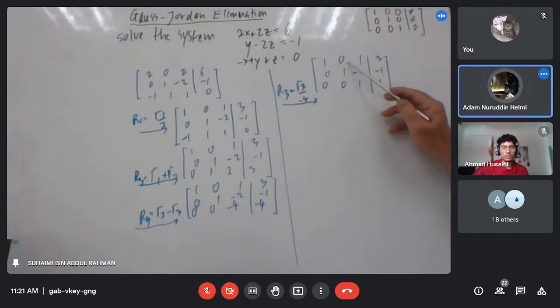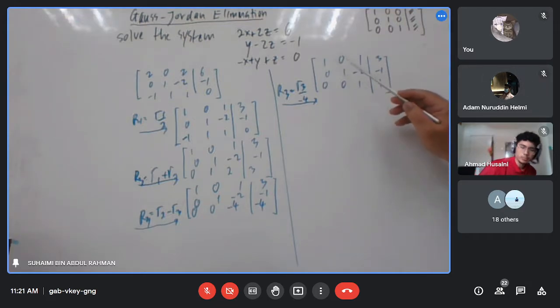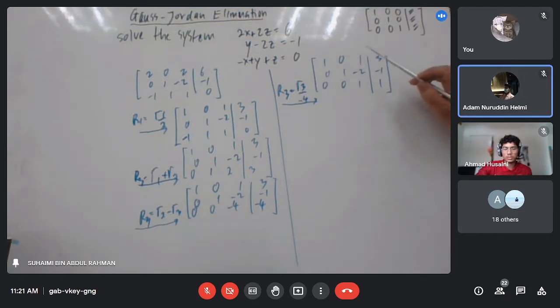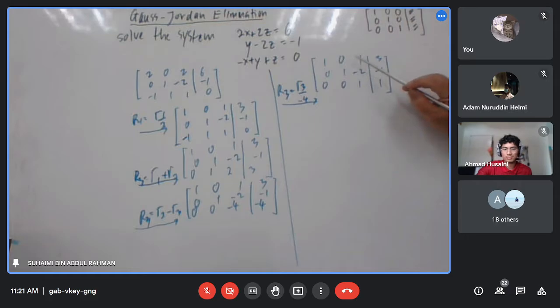No need to do anything. Then we go to here. What do we have to do? Make it become 0. At the same time, we want to keep the 1 and 0 there.